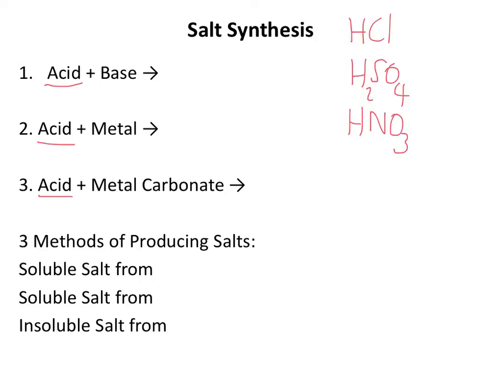You need to know the formula of those three acids. And a salt is formed when the acid loses its H+. So when hydrochloric acid loses its H+, it forms a chloride, and that H+ is replaced by a metal.